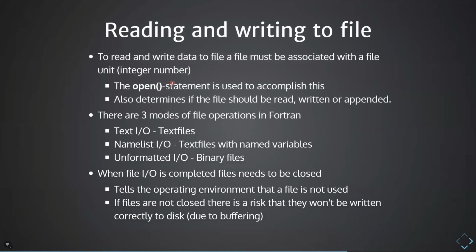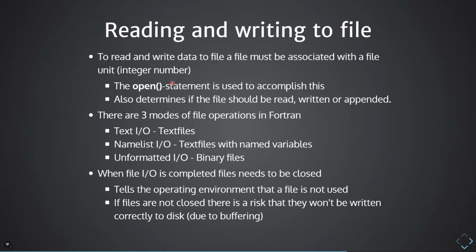So now all the examples I showed you wrote things to screen, or read things from the keyboard. If you want to write to files, you need to associate a file with a handle. Same thing you do with Python. In Python, you've got a file object which you use to write to.